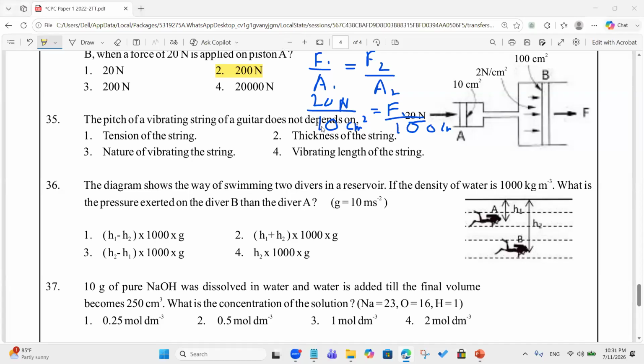Okay, let me check the chat. Yes, you have commented. Okay. Tell me, what's the answer? Nature. Nature of the vibrating string. Yes, it's not a factor that affects the pitch of a vibrating string.